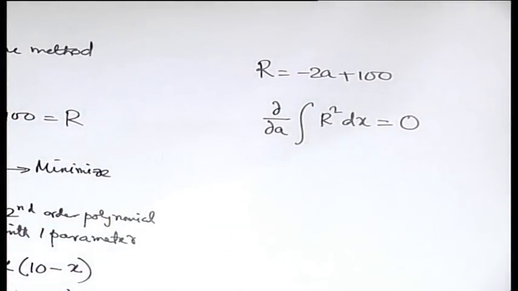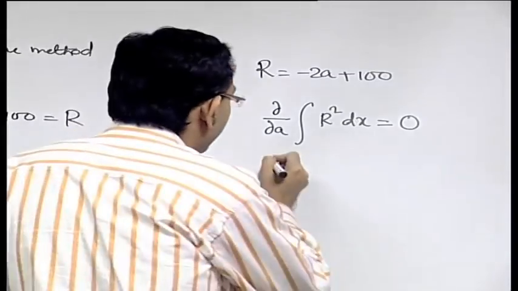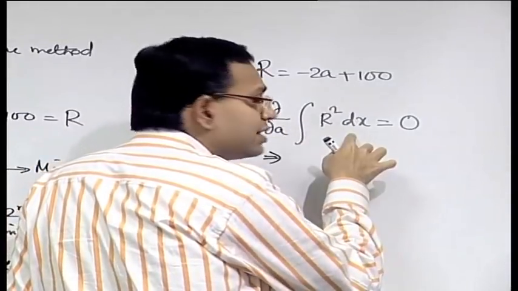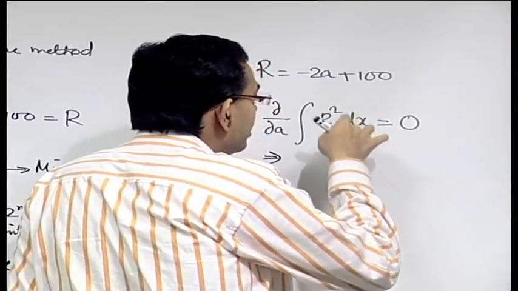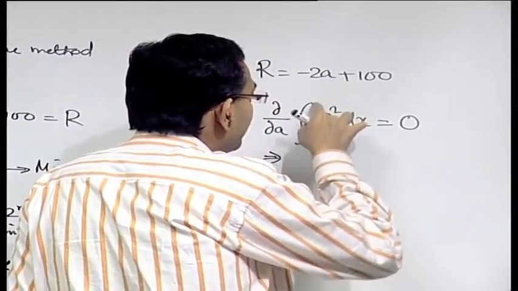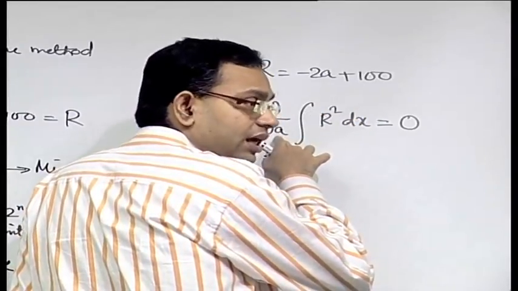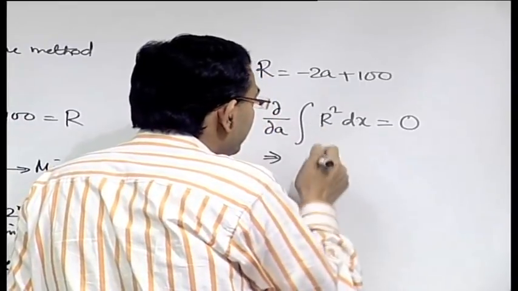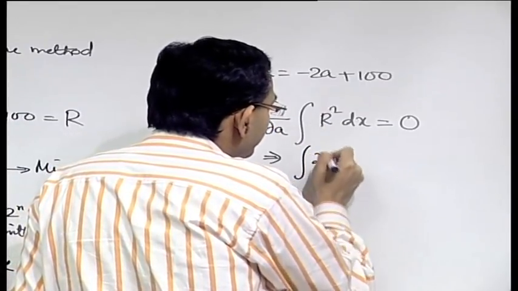So if this needs to be minimized, then its derivative with respect to a is 0, because a is the only unknown parameter. So, you can take this derivative inside the integral, because the limits are not dependent on a, and you can write this as 2r del r del a.